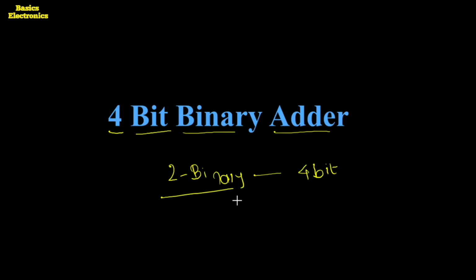It means the logical circuit which adds two binary numbers having 4 bits is what we call a binary adder. Today we have to see how the binary adder works, and what type of logical diagram or block diagram we use for the binary adder.